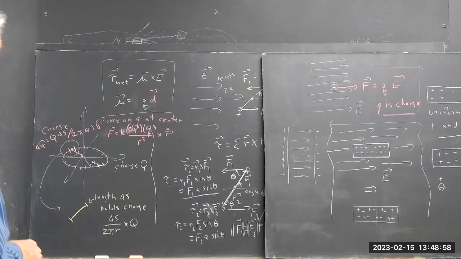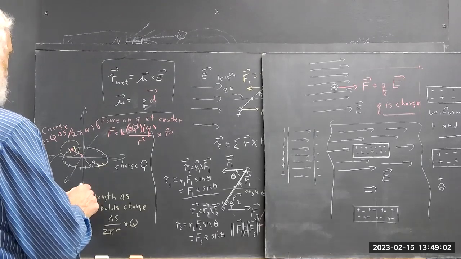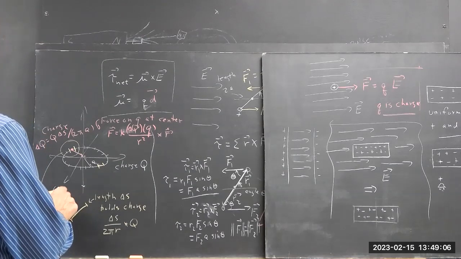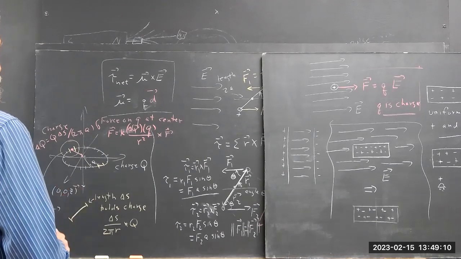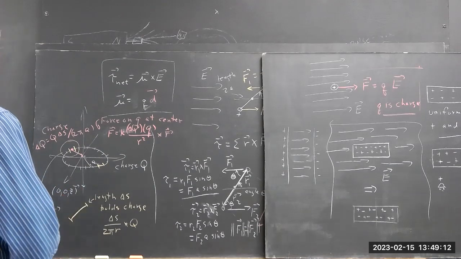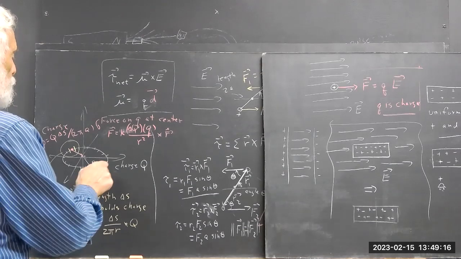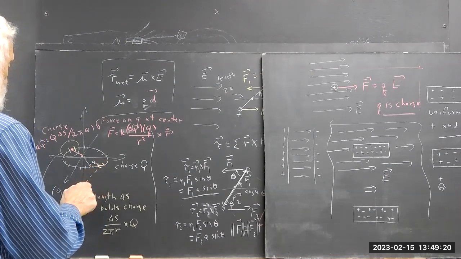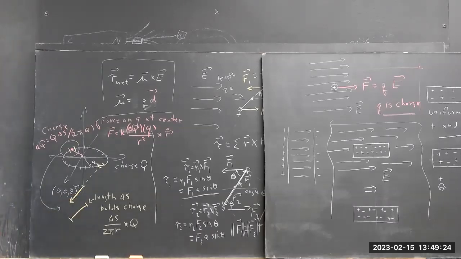Now, it gets more interesting if you want to find the force at a point on the z-axis. That's the point 0, 0, z. Then the force exerted by this charge here will be a vector, maybe here. Okay.